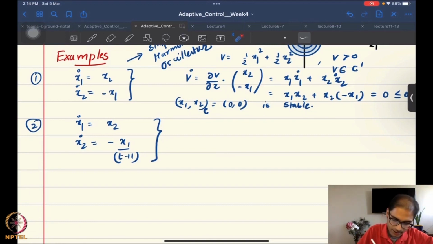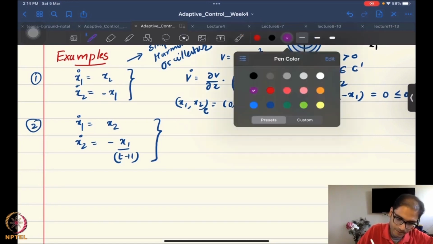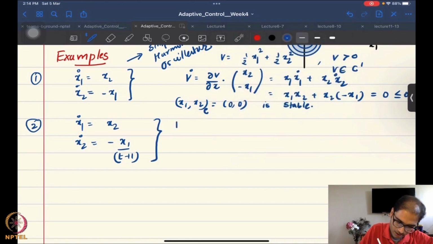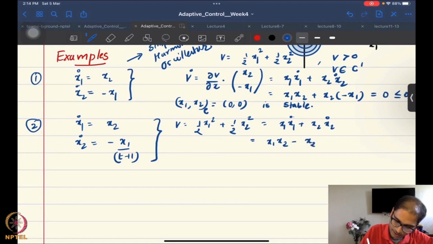In this case, it's obvious that if I choose V as my earlier one, x1 squared by 2 plus x2 squared by 2, I have a problem, because this is x1 x1 dot plus x2 x2 dot, and this is x1 x2 minus x2 x1 divided by t plus 1.